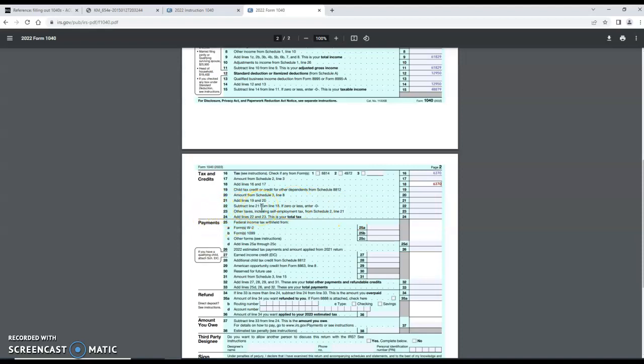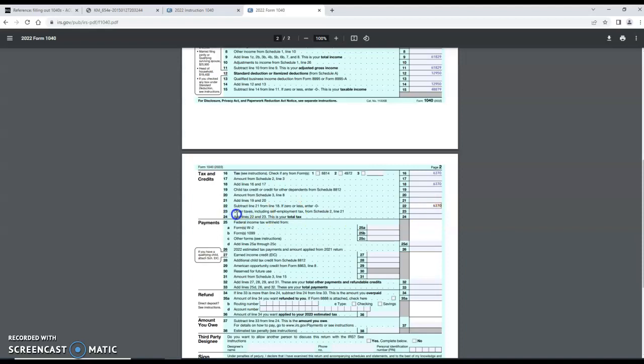Subtract line 21, which is basically 0, from line 18. So 6,370 minus 0 is 6,370. But if line 21 was 7,000, then line 18 minus 7,000 would be a negative number. It would be less than 0. In that case, you would put a 0 there.